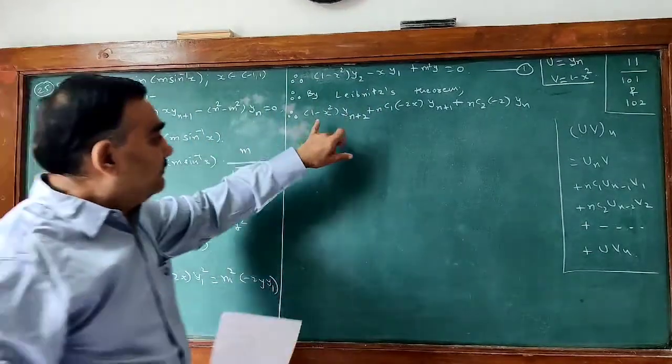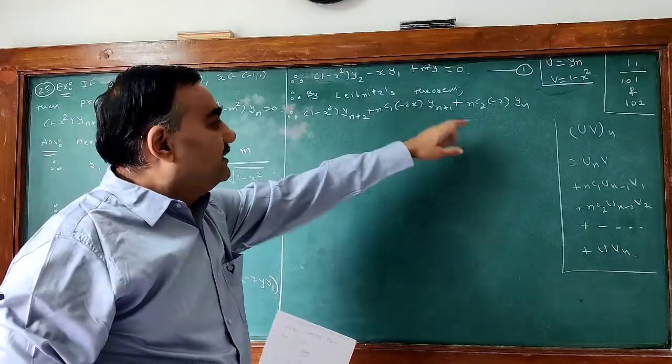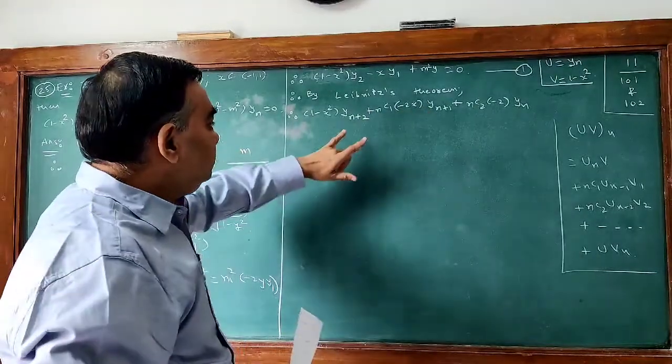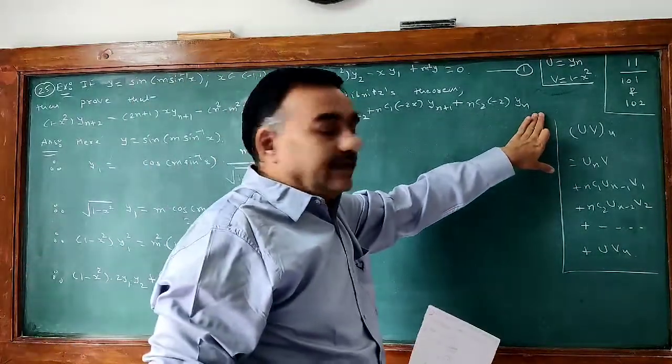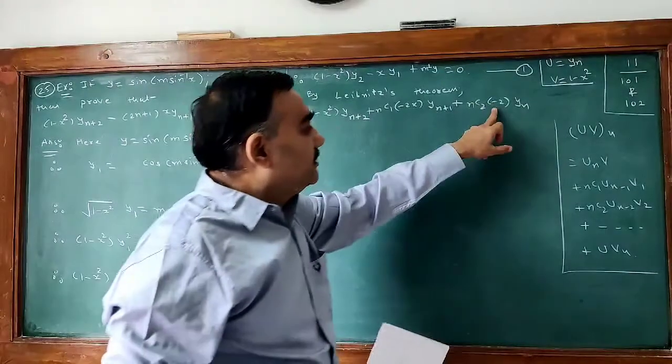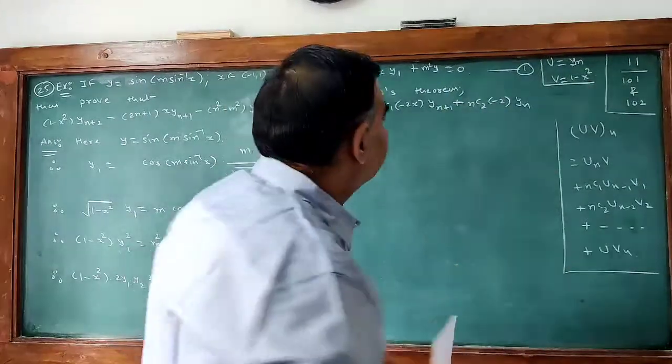Now the first differentiation of 1 minus x square is minus 2x, and that of minus 2x is minus 2. This is un minus 1, un minus 2. Now differentiation of minus 2 is 0, and therefore there will be no further calculation.